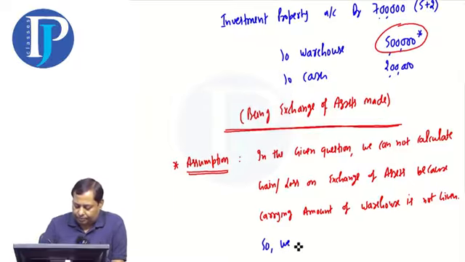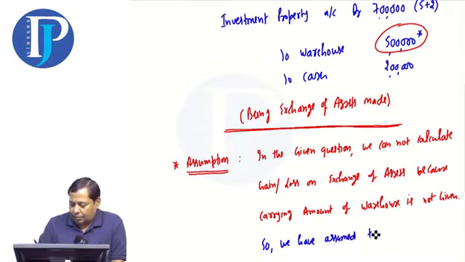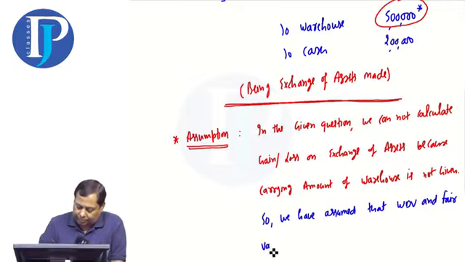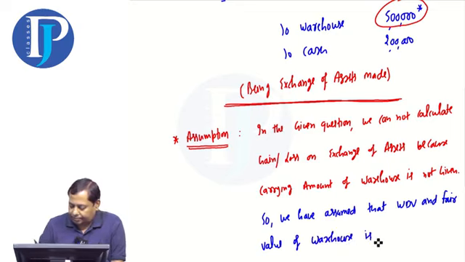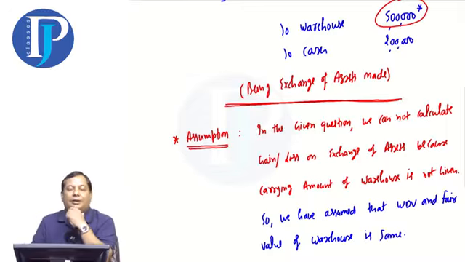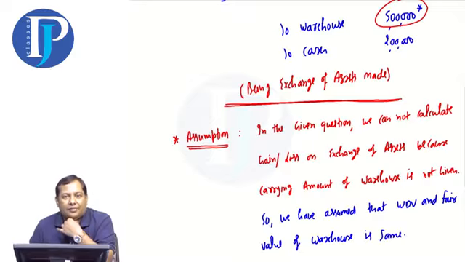So we have assumed that WDV and fair value of the warehouse are the same. That's why profit or loss isn't calculated. But we preferred given up. I had to make one entry.